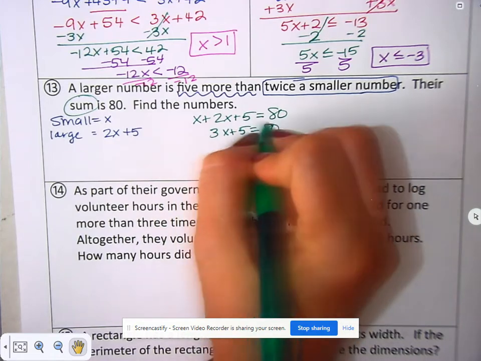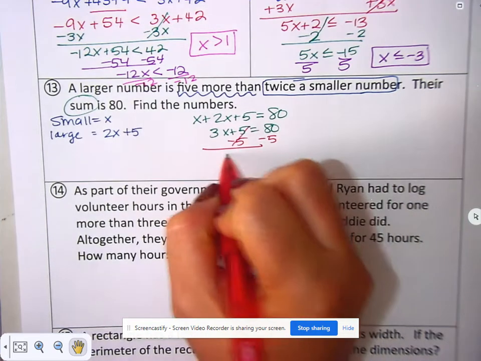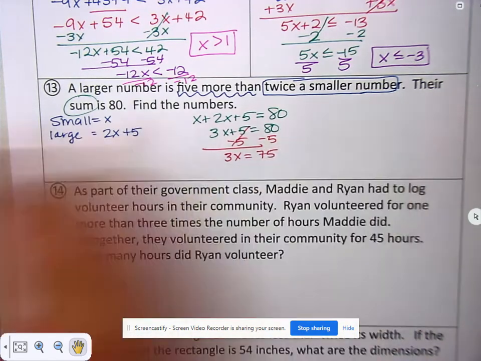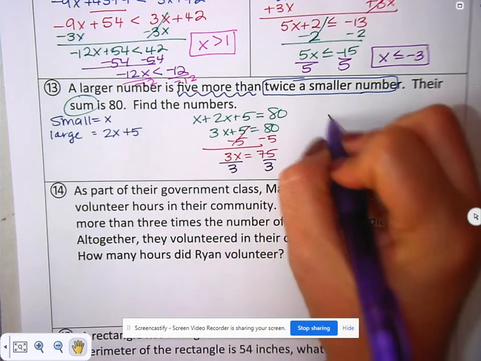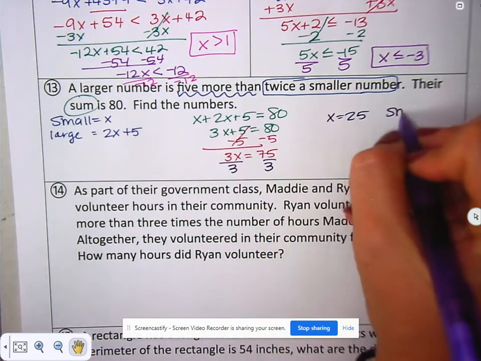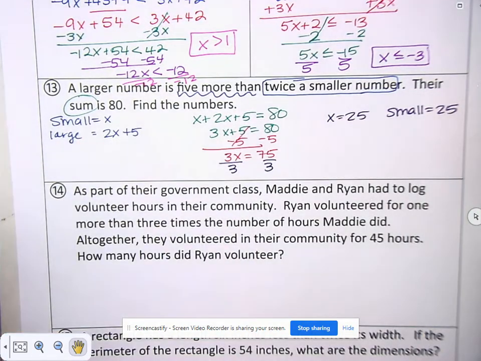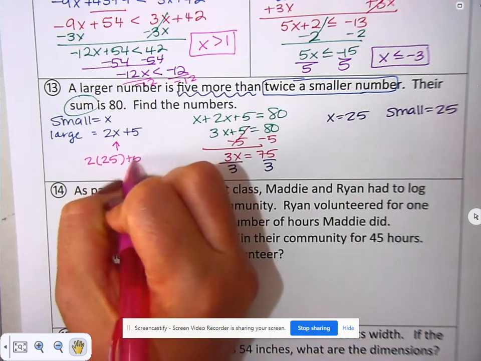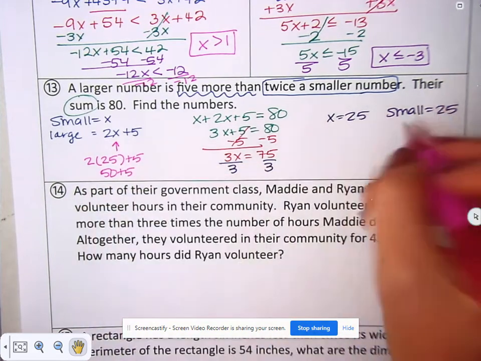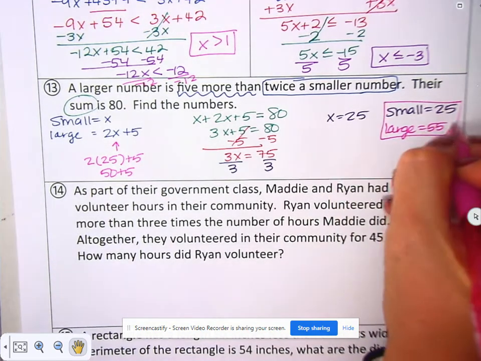So 3x plus 5 equals 80. All right, so x is 25, which is our small number. Okay, and then to get our large number, we're going to plug that small number back in. 2 times 25, which is 50, and 50 plus 5 is 55.